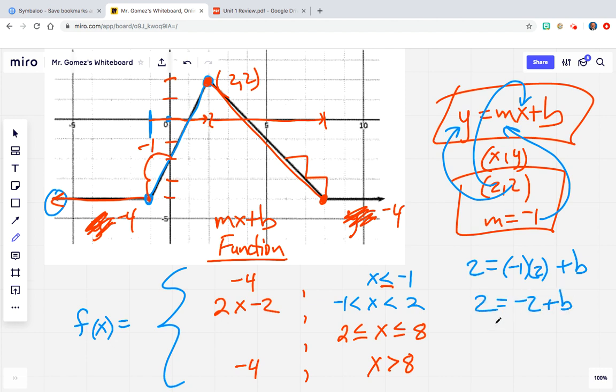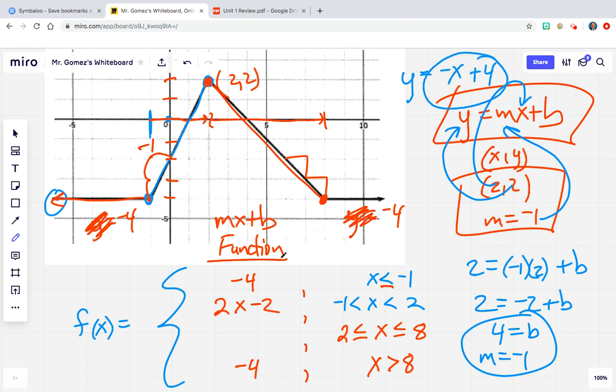And I add the 2 over to get 4 is b. And now I can do the slope is -1. The y-intercept is 4, aka b is equal to 4. And I could do y is equal to -1x plus 4. And this is the piece that I'm going to put right here.